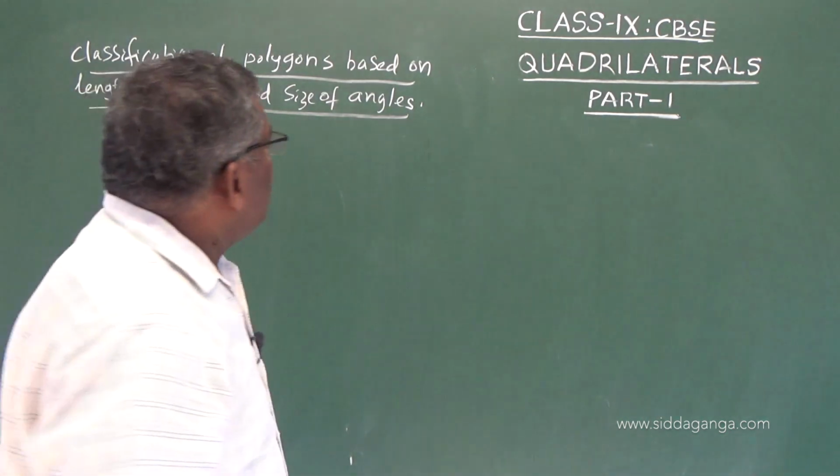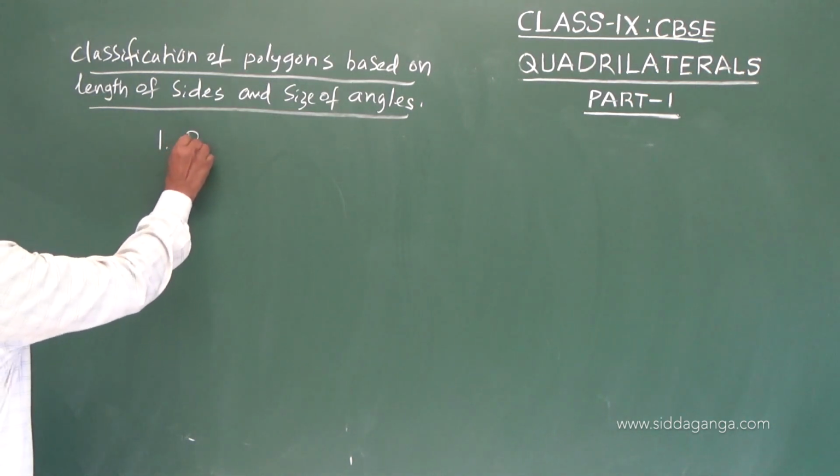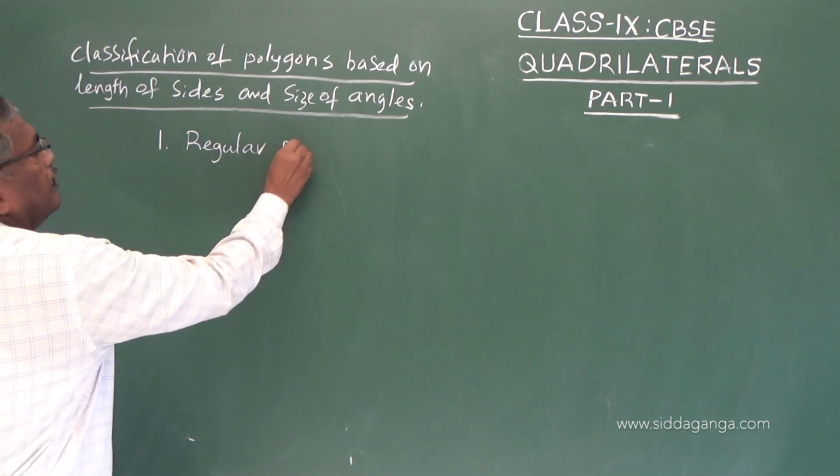Here we come across mainly 4 categories. So regular polygon.